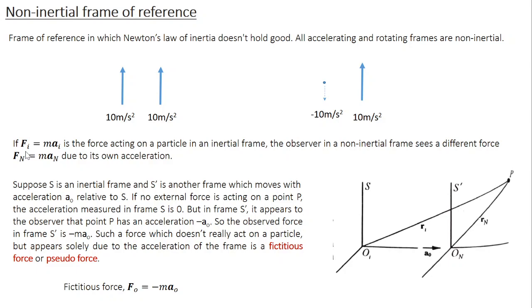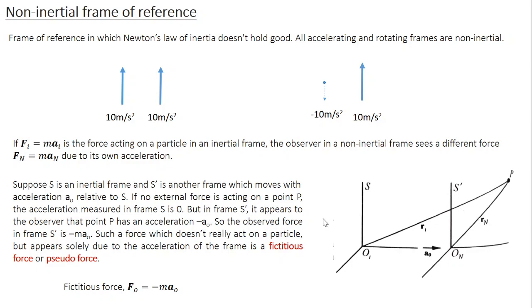So if I call Fi equal to MAi the force acting on a particle in an inertial frame, remember, whatever force you measure in an inertial frame is the true force. So Fi is the true force acting on a particle, but the observer in a non-inertial frame sees a different force Fn equal to MAn due to the acceleration of the non-inertial frame.